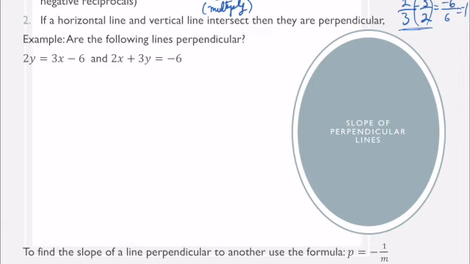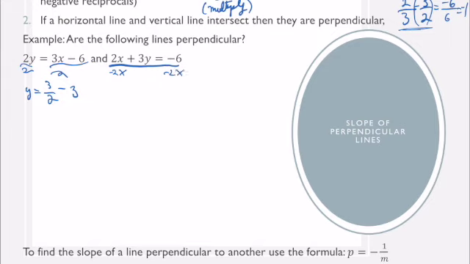So why don't I check and see if the following lines are perpendicular? In order to do that, I need to solve for y. So I'm going to divide both sides by 2. y equals 3/2 x minus 3. Now I need to solve for y over here.